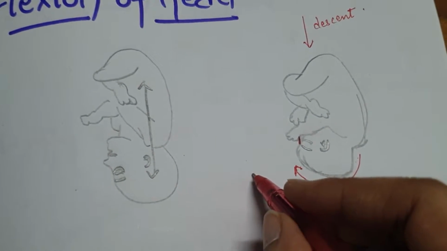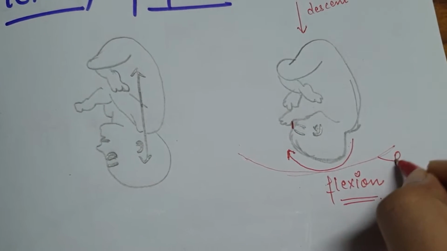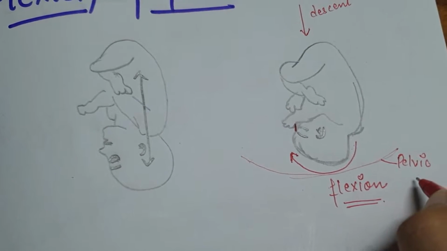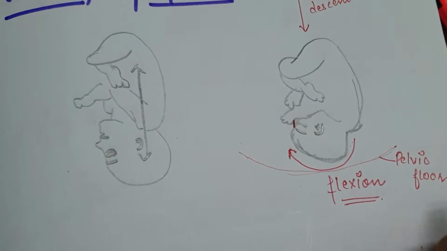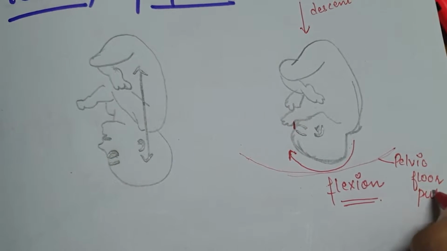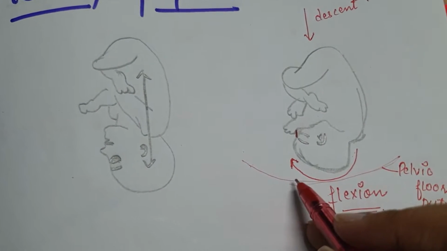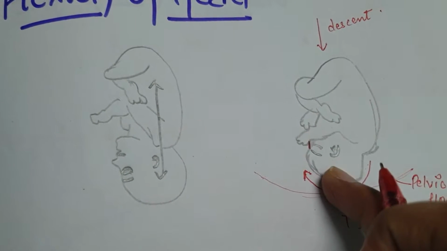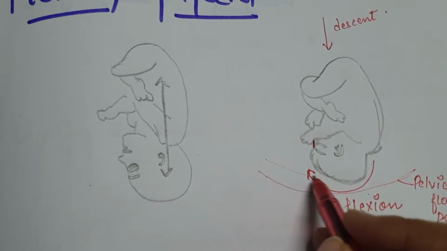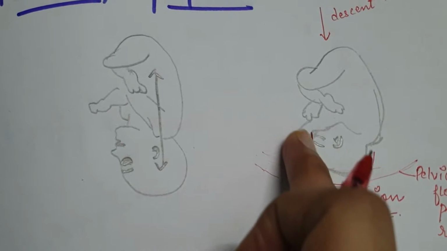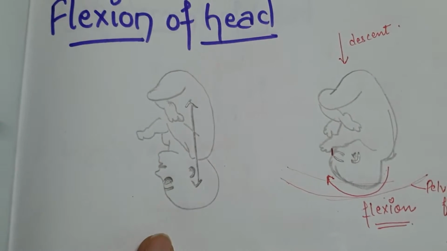But when there is no space, when the pelvic floor puts resistance, so that the baby's head cannot move downward, the head starts flexing. Okay, so this is unflexed.